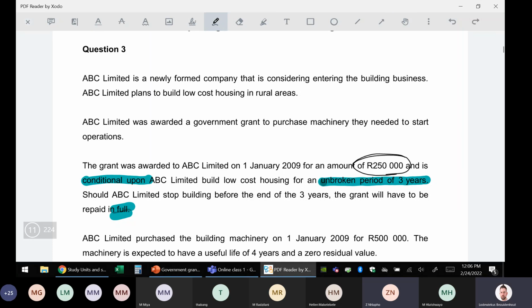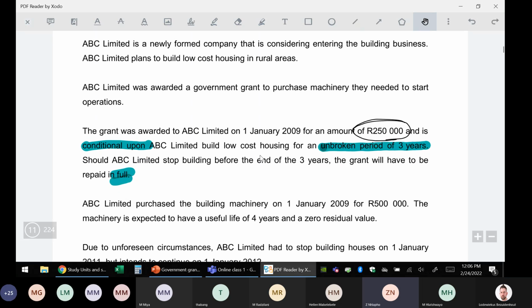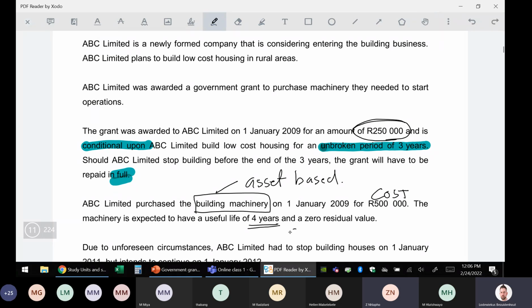All right, so the 250,000 grant, we now have to see what we are going to do with the grant. Because we buy a machine, this grant is asset-based. All right, the cost is 500,000 and the machinery is expected to have a useful life of 4 years. So we depreciate over 4 years.